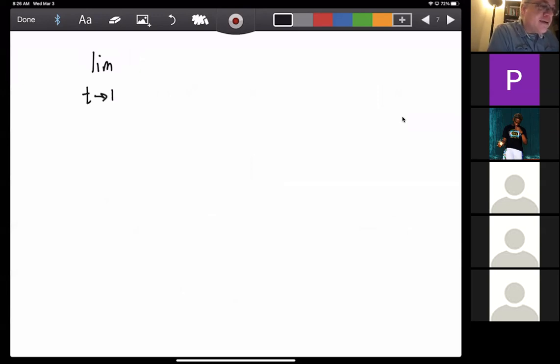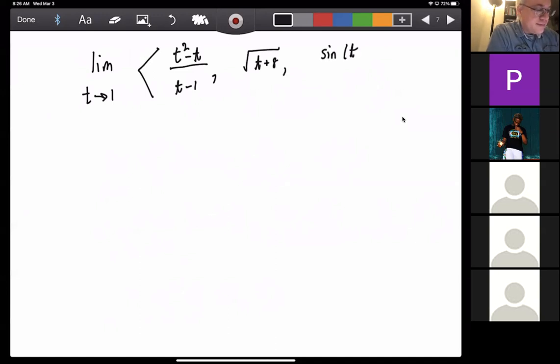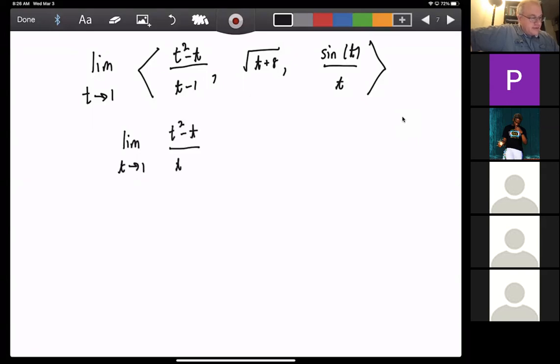So, of course, it doesn't always work as nicely, right? Let's say we look at the following. So in order to evaluate this limit, we look at the limit as t goes to 1 of t squared minus t over t minus 1.